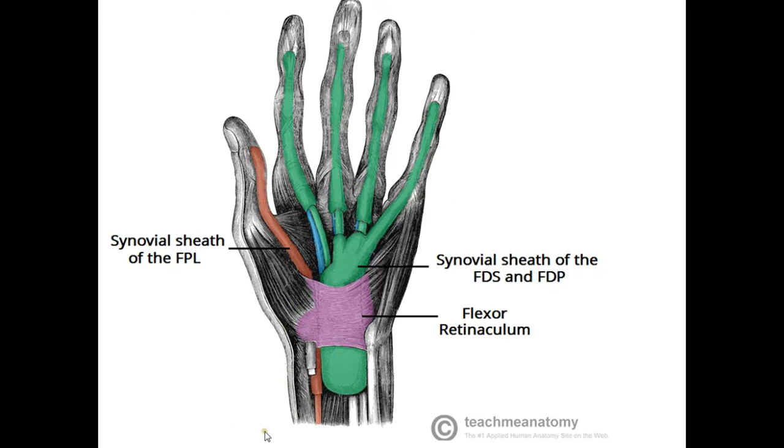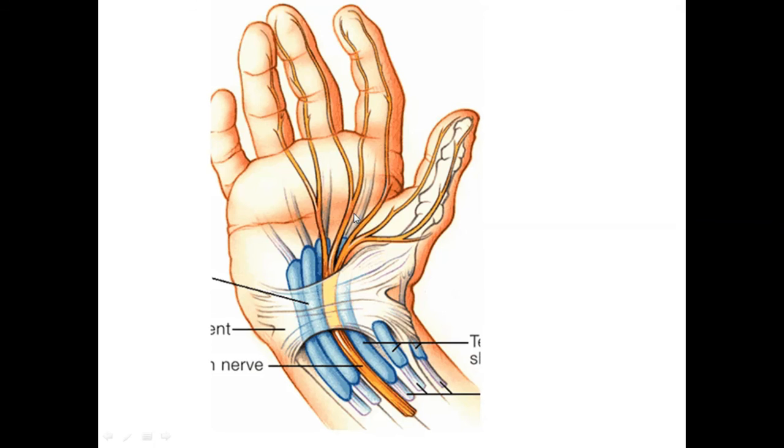So this is the attachment of the flexor retinaculum: the pisiform and the hook of the hamate, and the scaphoid and the trapezium on the lateral side, allowing the passage of the flexor tendons to enter into the hand.